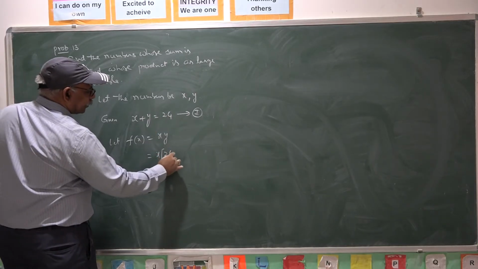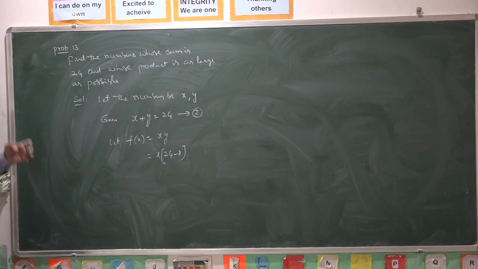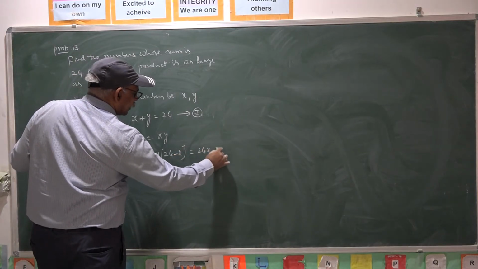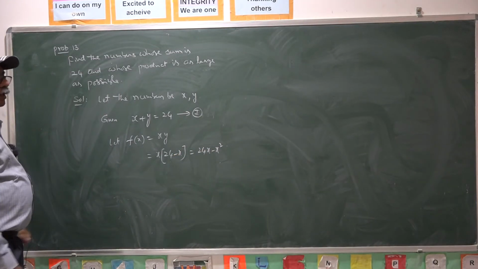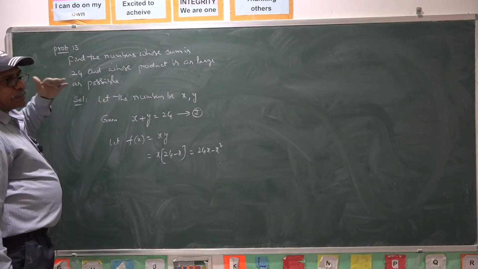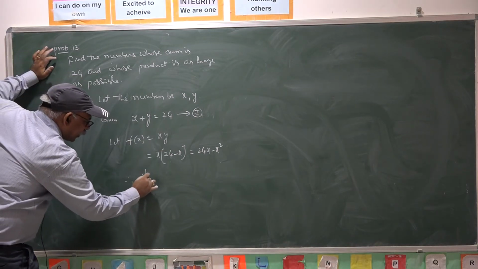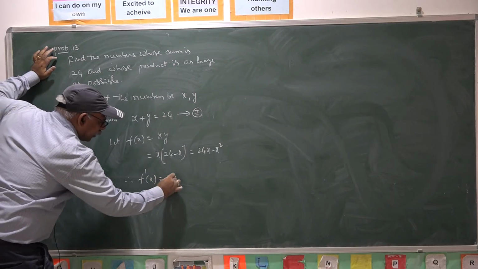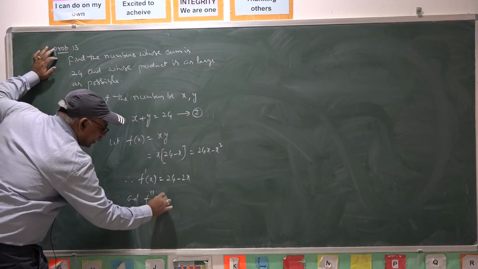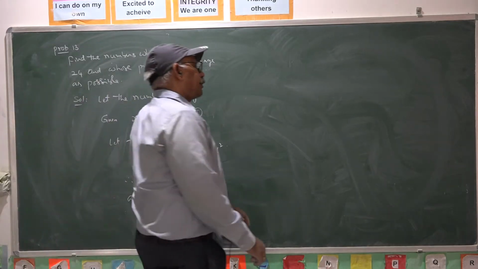Just reduce that function into a single variable function: x into 24 minus x, which is 24x minus x square. Now you have to maximize this product. To maximize this function, let us consider f dash x, which is 24 minus 2x, and f double dash x is minus 2, clearly negative. So for any value of x, it is negative.